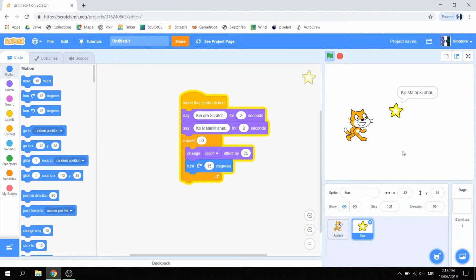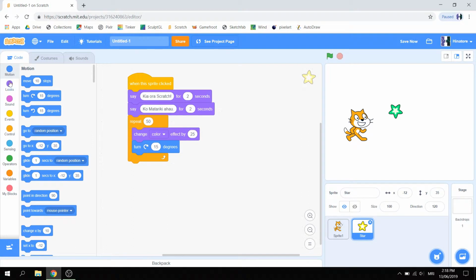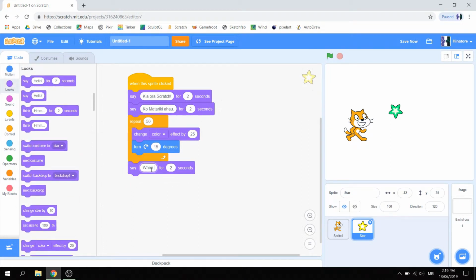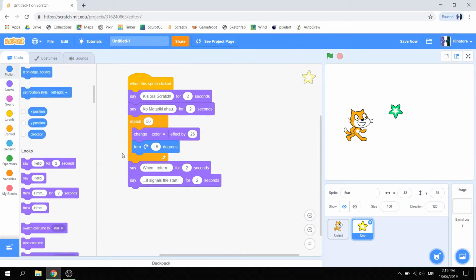Learn about inputs, outputs, events, sequences, and loops with basic storytelling, like this example of Scratch the Cat meeting Matariki the Star.